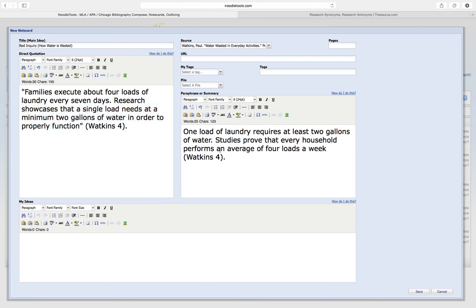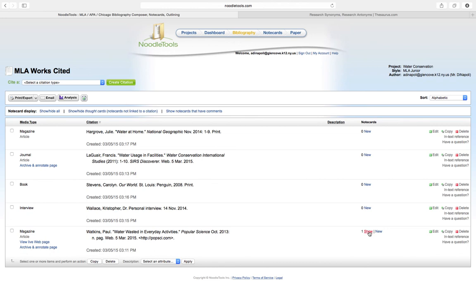All right, so this is how you're going to paraphrase each piece of evidence you want to use. You should paraphrase as many pieces of evidence as you would like from each resource. In total, you should have about 40 different pieces of evidence, between 30 to 40. And it's going to vary between resources. After I save this, you see that I have 1 index card here.